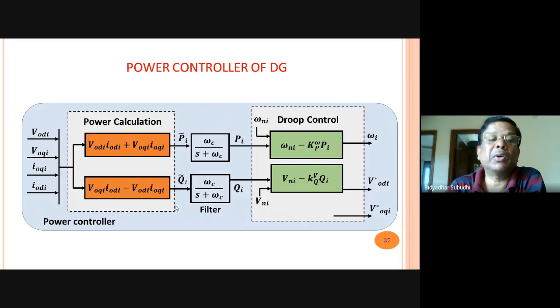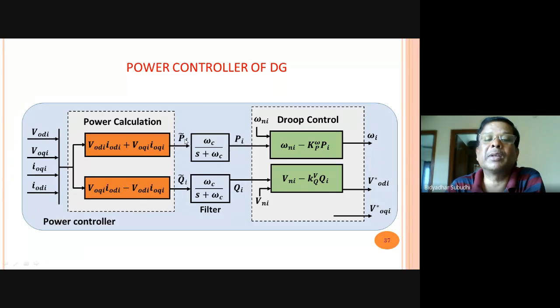Now, in this power control our basic objective is to employ the droop control. Therefore we need to design a power calculation block, which takes the voltage in the D and Q axis of the ith DG, and the current in the D and Q axis of the ith DG, and using the popular equations gives you P and Q, the active power and reactive power.